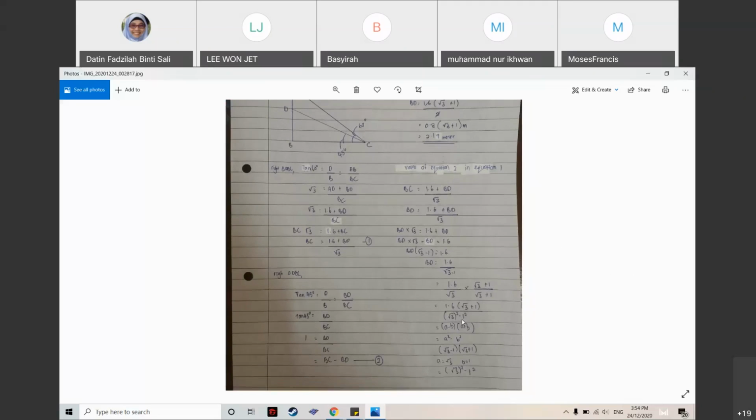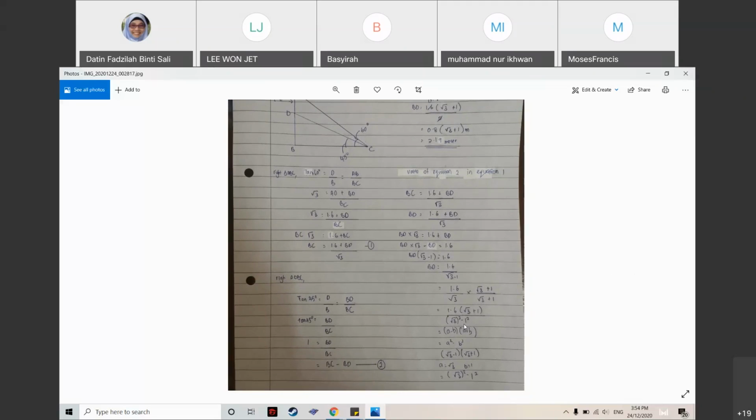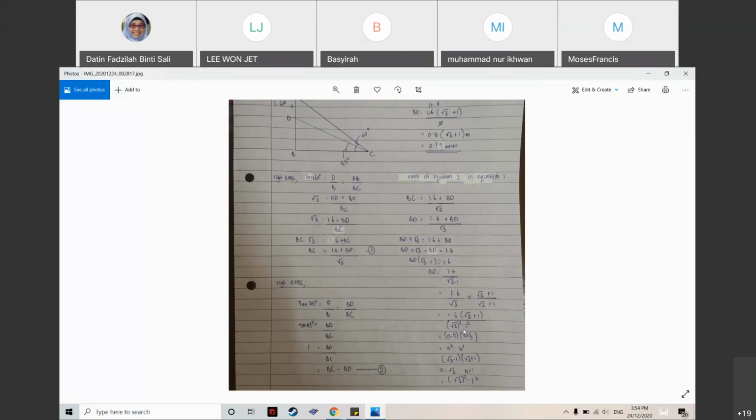AB is AD plus DB or BD, over BC. So that means it's 1.6 plus BD over BC. So this is the first equation, where BC equals 1.6 plus BD over root 3.